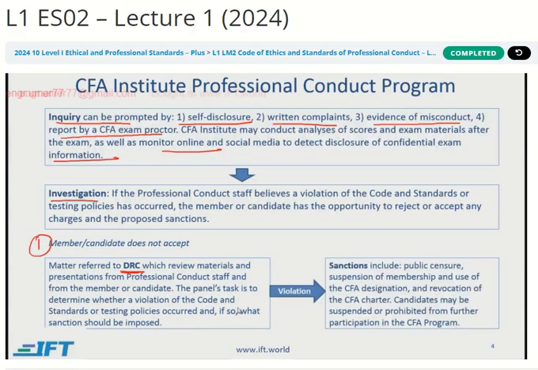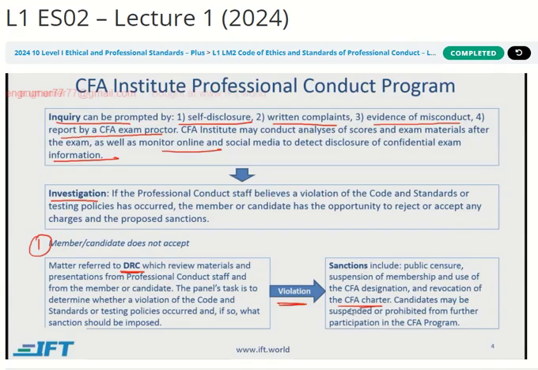Let's say that the DRC determines that there was indeed a violation, then sanctions will be imposed. The sanctions can include public censure, suspension of membership and use of the CFA designation, and revocation of the charter.